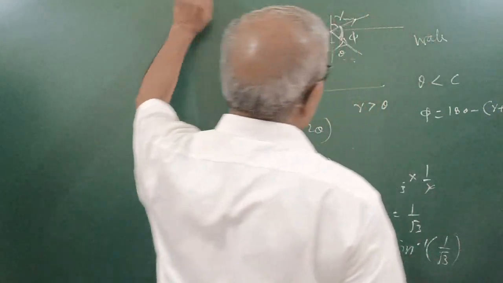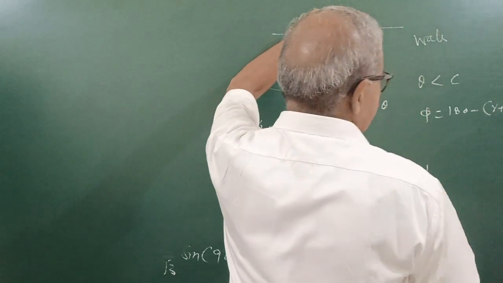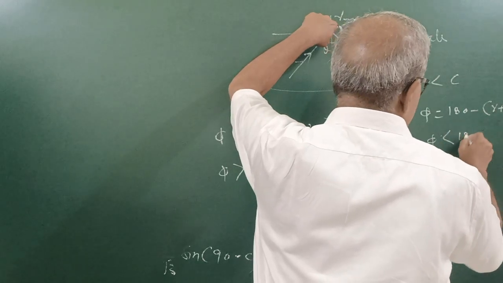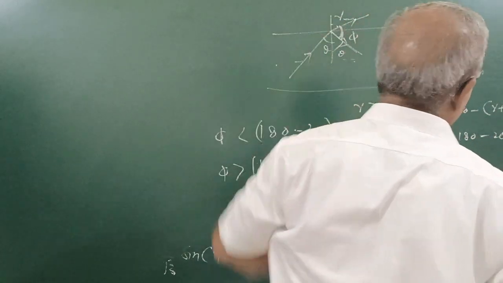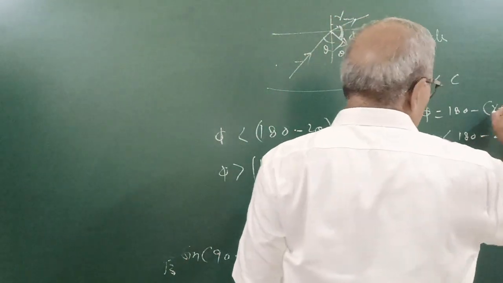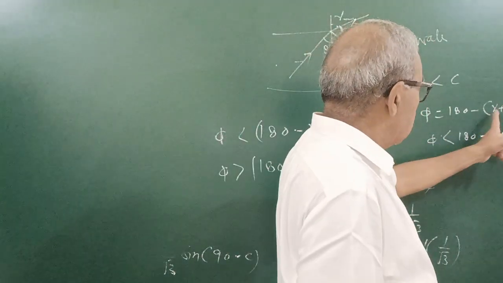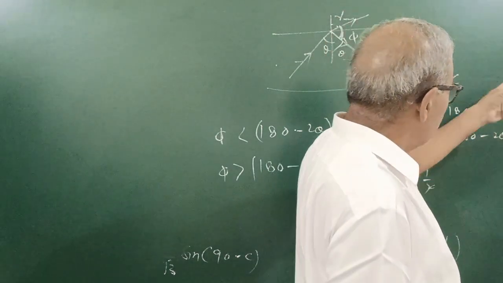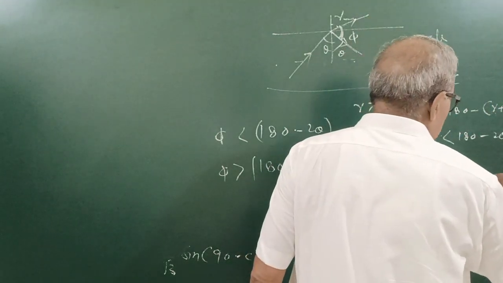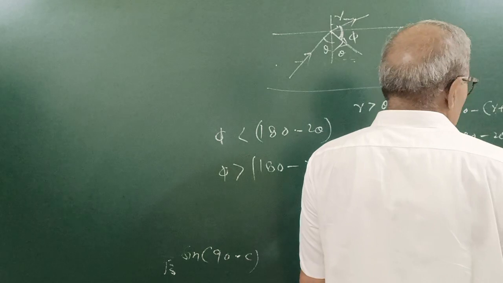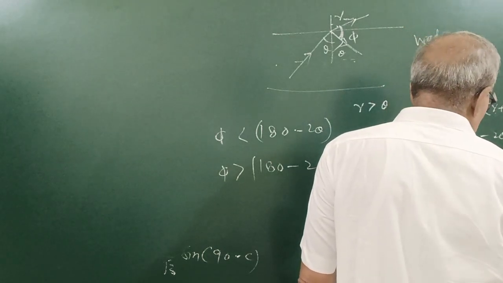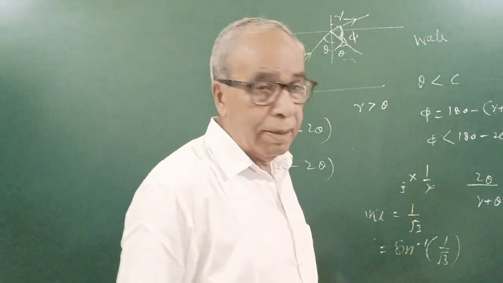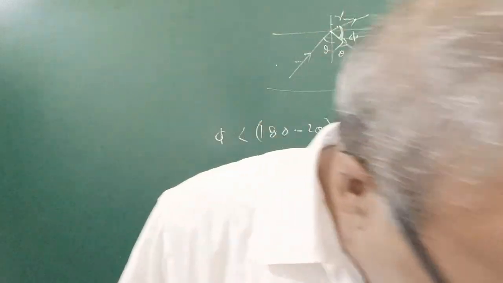Since r is greater than theta, r plus theta is greater than 2 theta, so phi is less than 180 minus 2 theta.